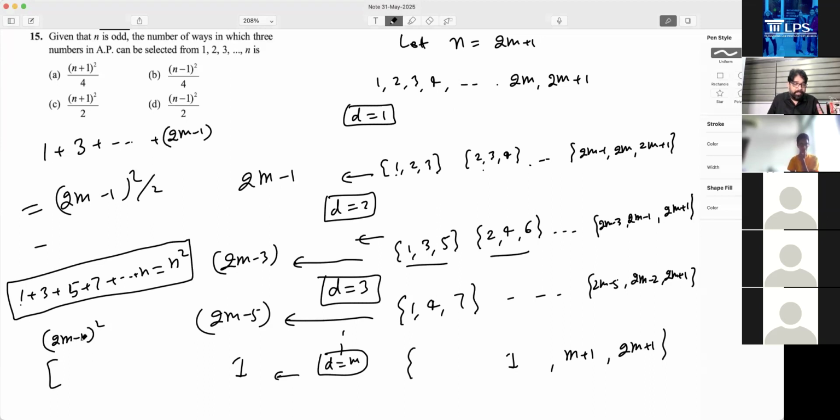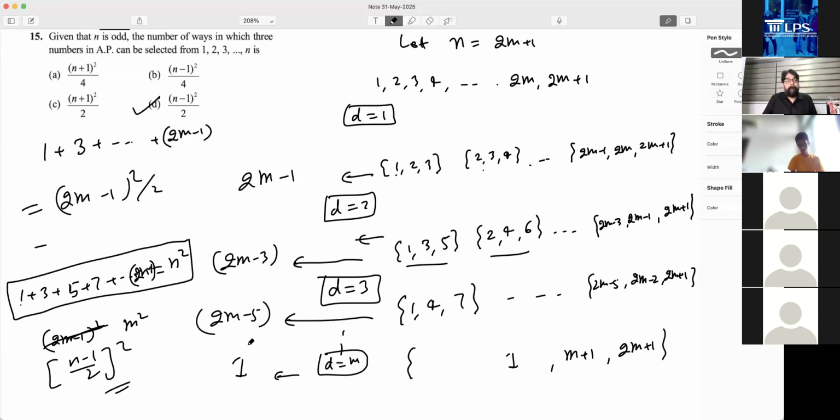I made a mistake. This is 2n minus 1. So up to 2n minus 1, that will be n square, which here means m square. And the m square value will be n minus 1 by 2 whole square. Any option? Yeah, D. You can add by using the AP formula also.